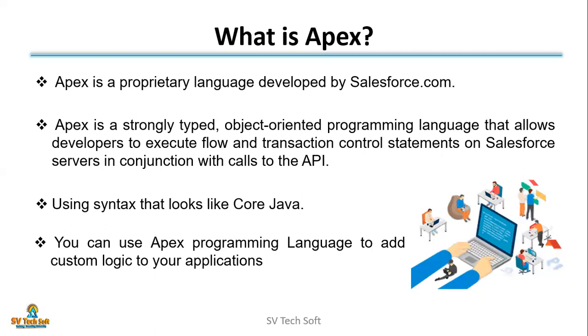What is the meaning of object-oriented programming language? We'll see. By using Apex, we can call functionality or perform transactional statements. Transactional statements mean DML operations, like inserting a record, updating a record, or deleting a record programmatically.